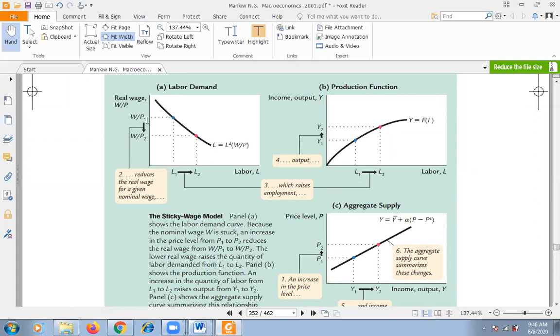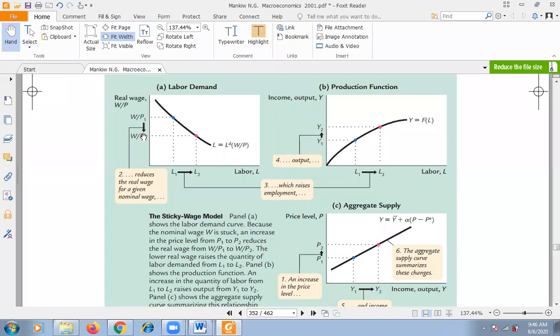As price level increases, real wage decreases in the sticky wage model. Wages are sticky, there is no change in them, but because of the rise in price, the real wage will decrease. The nominal wage is given, there is no change in it, but with an increment in price level, real wage decreases.